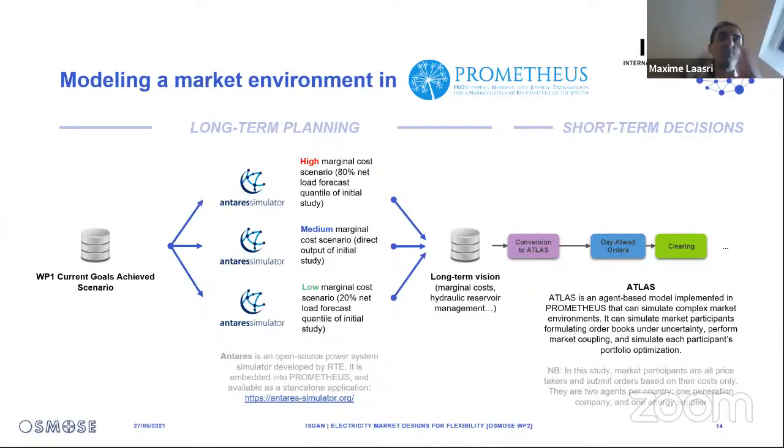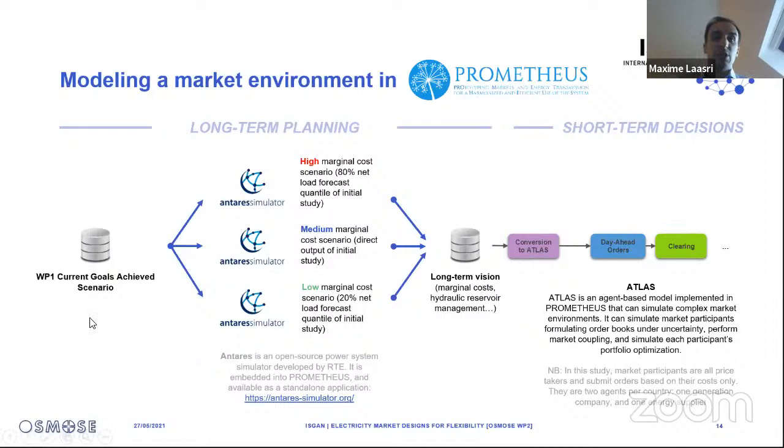One is medium, which is basically the initial scenario untouched, and the high scenario and the low scenario are just sort of caps, because the probability that they materialize is still very low, but they are boundaries for the long-term vision of what could happen in the short term afterwards.